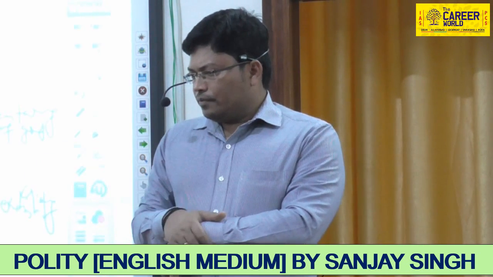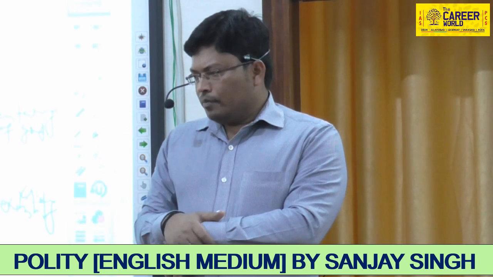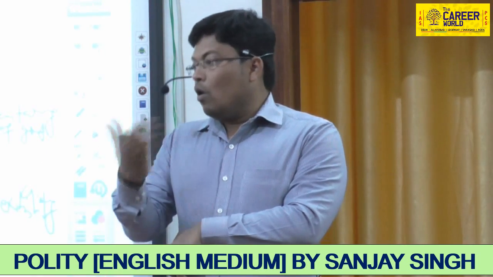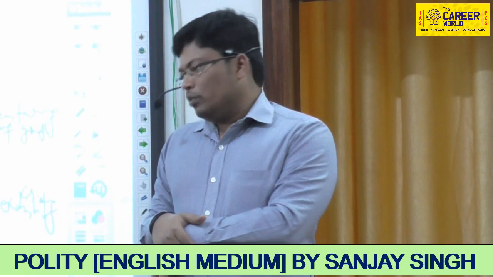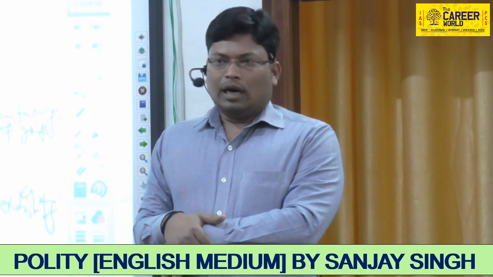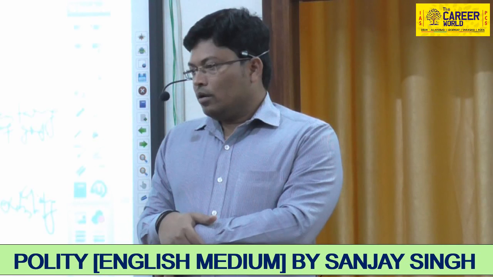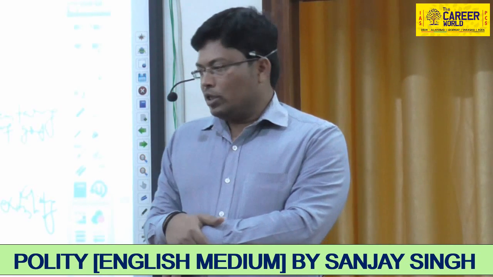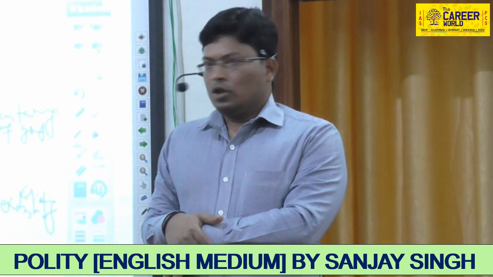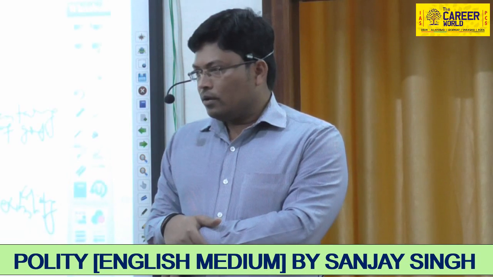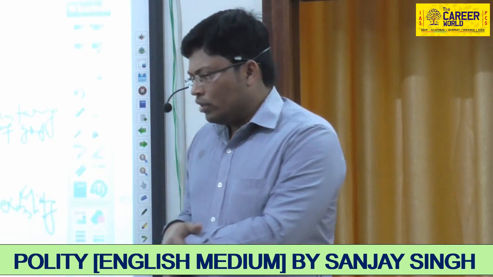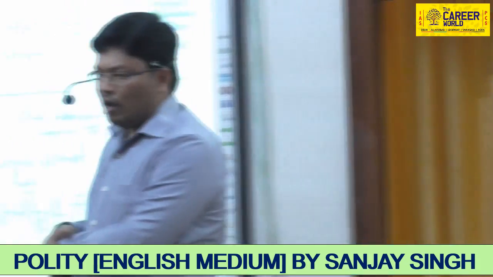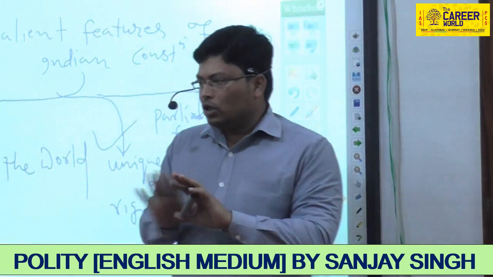Considering the demands raised across different corners of the country, more precisely the demands raised by the Congress in those days, the British government agreed to constitute the Constituent Assembly of India during the August Offer proposal, right? And finally, the Constituent Assembly of India was constituted by means of the Cabinet Mission Plan of 1946.